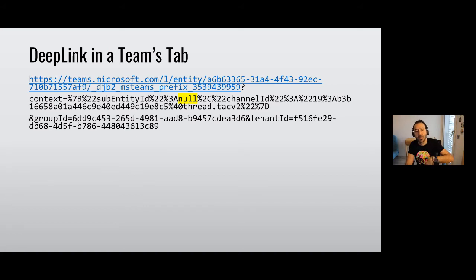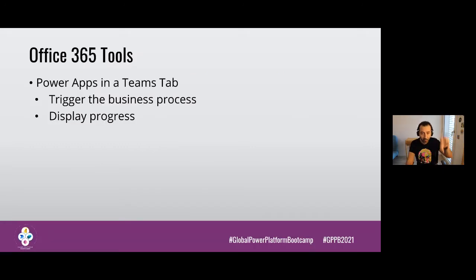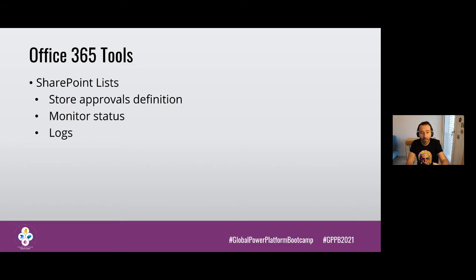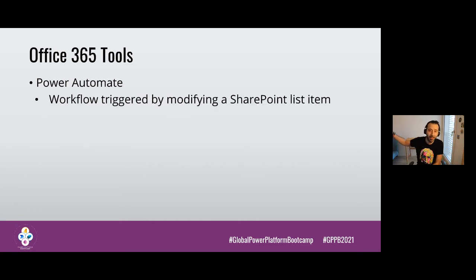We can leverage this sub-entity ID URL query parameter to read it from a PowerApp. From this PowerApp, I will be able to patch, to create an element in a SharePoint list, and then I can have a Power Automate workflow that is triggered whenever an item is created or modified in that SharePoint list.